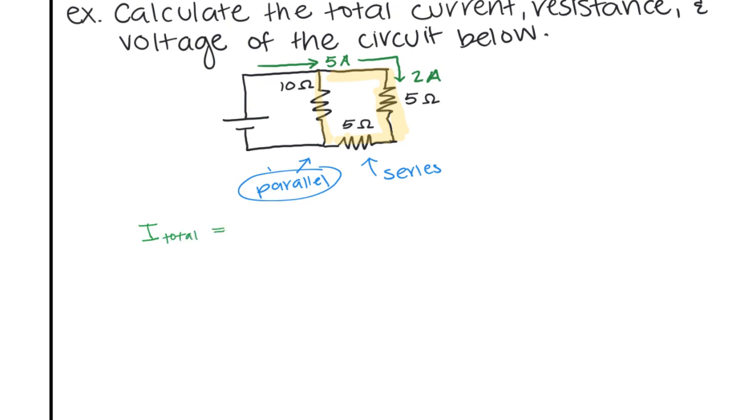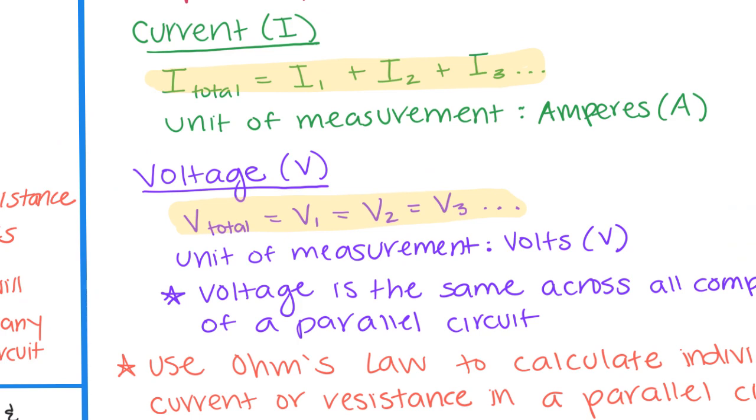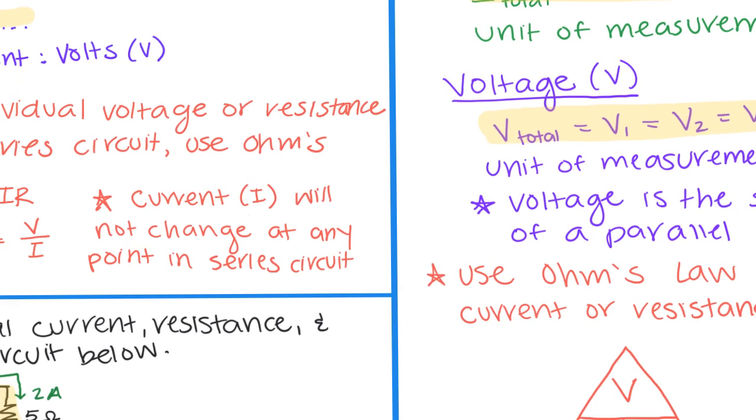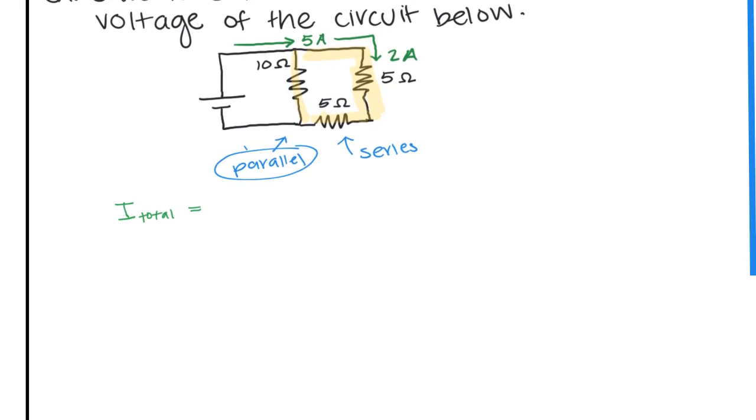We know that the total current for a parallel circuit, if we scroll up, is going to be equal to the sum of all the currents within that parallel circuit. So we see that we have 2 currents here. We've got 5 amps and 2 amps. So we're going to add those currents together. I1 for the first current, I2 for the second current, right?